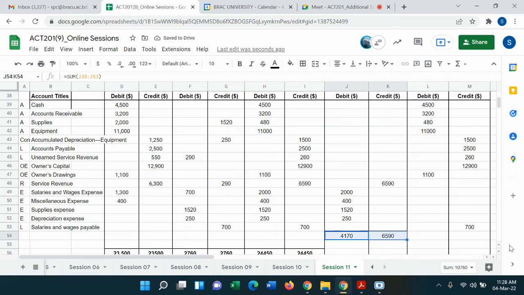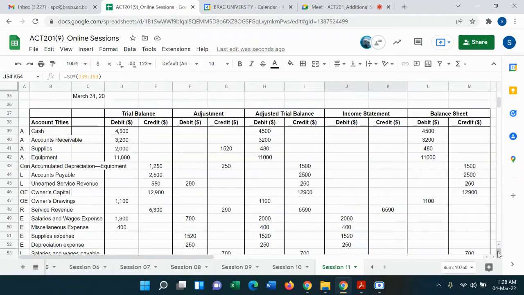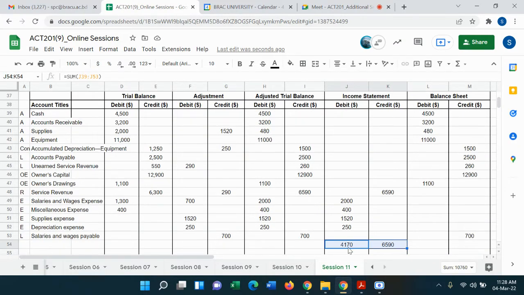In the income statement, the debit column shows a total of 4170 and credit shows 6590. What does this 4170 mean? Is it cash inflow or outflow? It's expense.